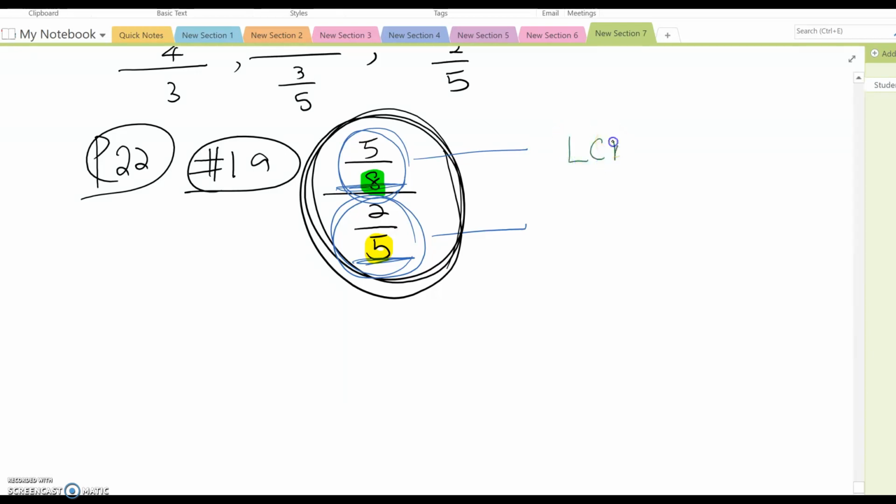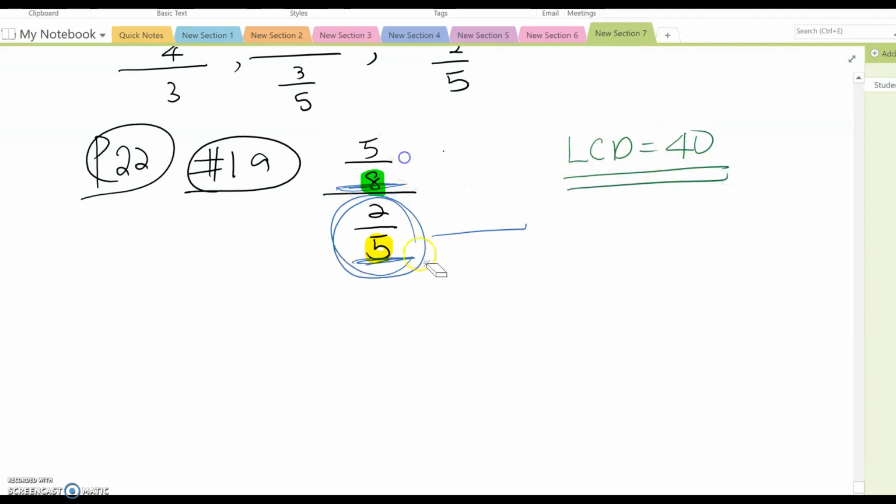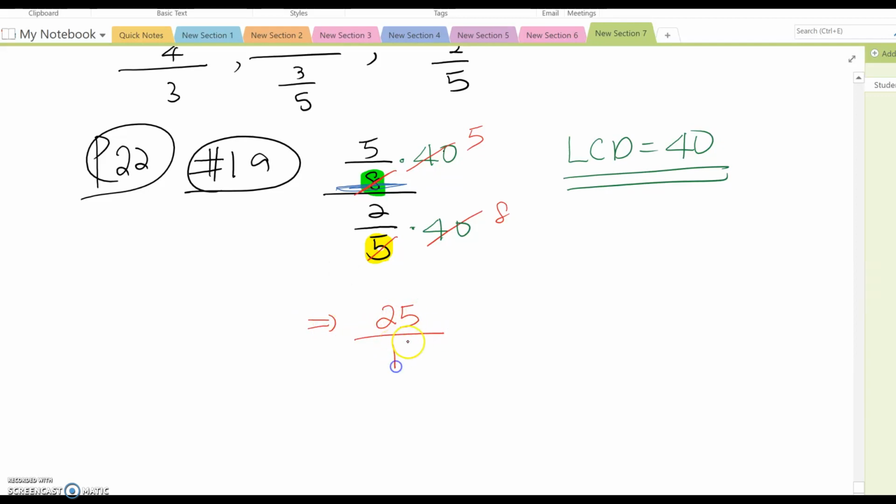Yes, the LCD equals 40. Now you multiply 40 into both fractions. Then you simplify 8 and 40 first, so this becomes 5 and this becomes 8. Therefore, the answer becomes 25 over 16.